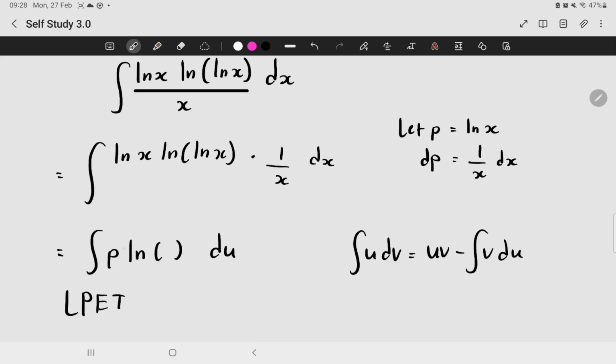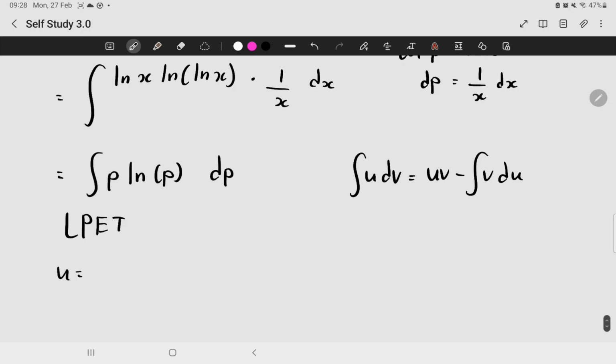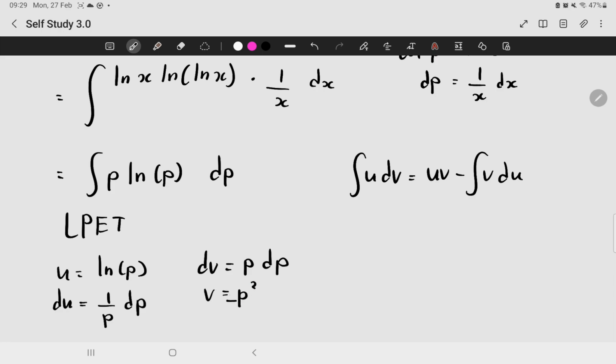So here will be p. Okay, so now u is equal to ln p. When we differentiate this, du is equal to 1 over p dp. Okay, and then our dv will be p dp. V should be p squared over 2.